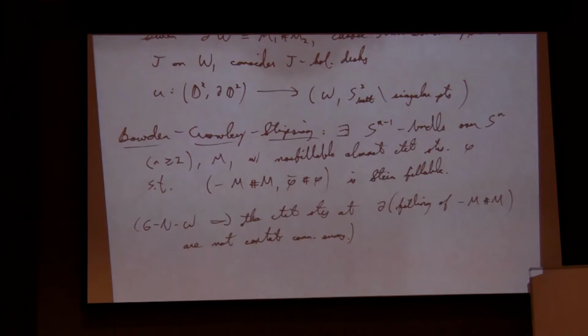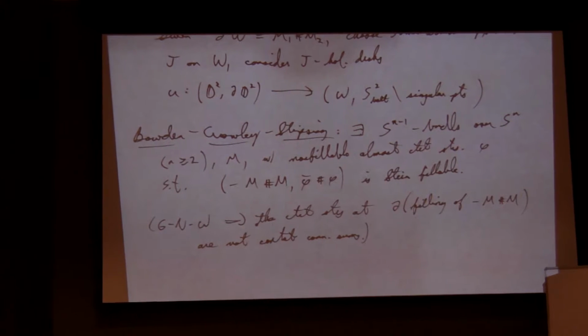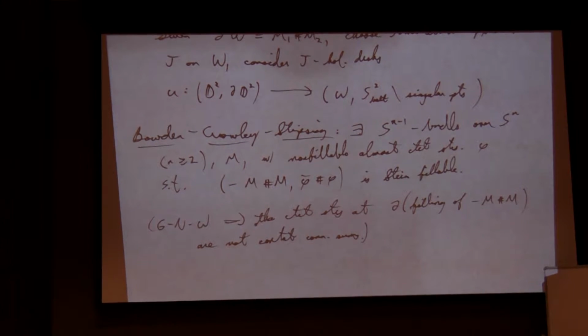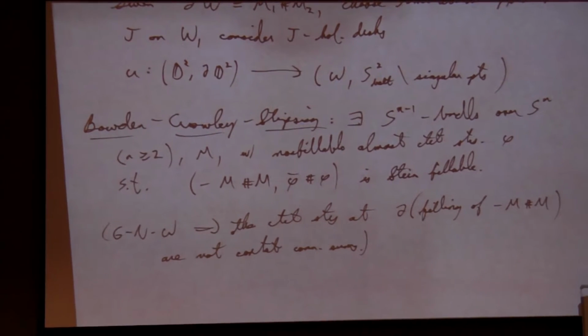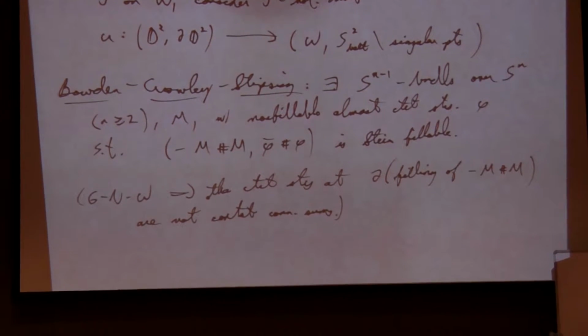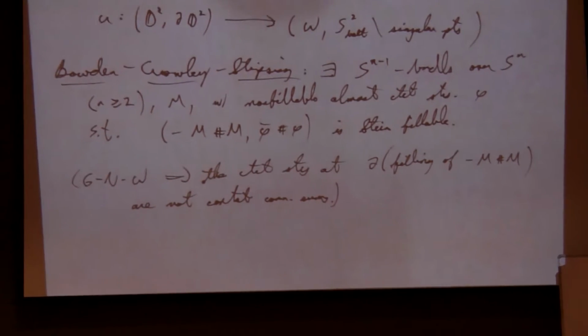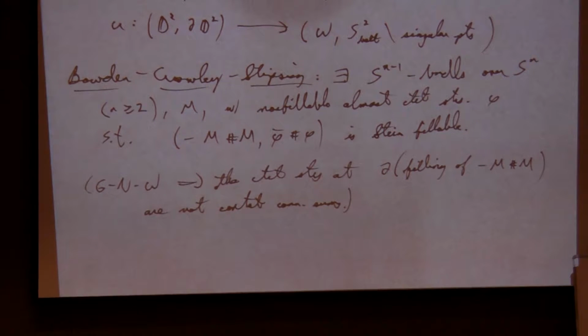So combining these two results, what we see is it's not impossible that Eliashberg's theorem could really be true in higher dimensions. Okay? The reason Bowden, Crowley, and Stipsicz were able to find what looked like evidence against it is actually that, because our theorem is true, connected sums don't have to be contact connected sums in general. Okay.